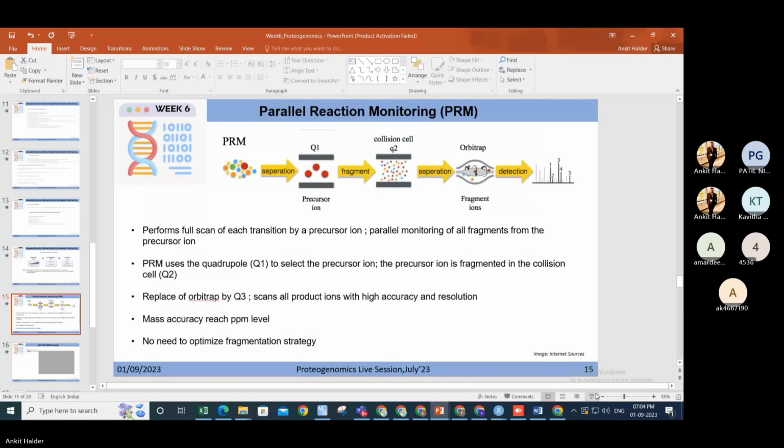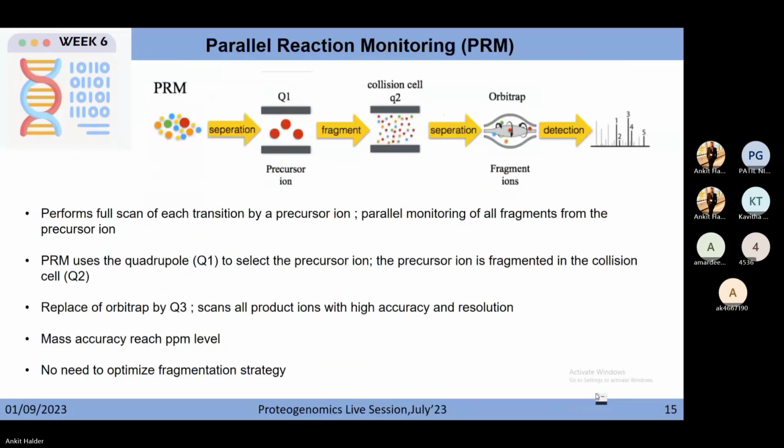Okay, so we will now move into PRM, or parallel reaction monitoring. First thing you need to remember is that the instruments we use are quite different. One uses a triple quadrupole setup, another uses an Orbitrap setup along with the quadrupole.